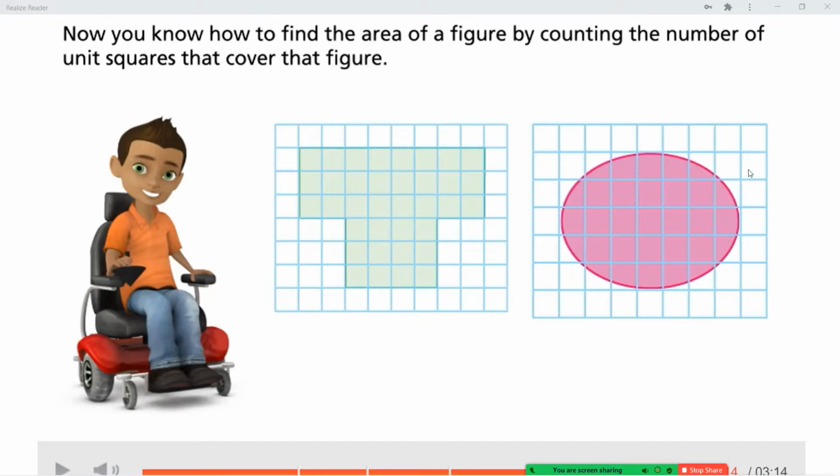So a half and a half made a whole, and another half and a half made a whole. So that made 2 whole from the ones that were not completely filled in, plus the ones that were completely filled in. So when they're estimating, you're not going to be able to get an exact answer, especially for shapes like this, where they have curved edges, because they don't fill up that entire unit square.